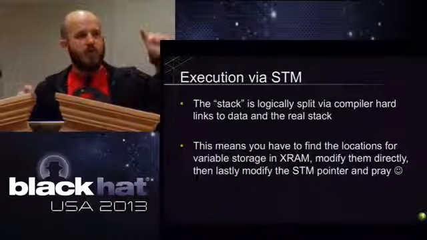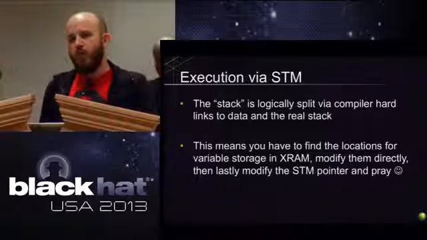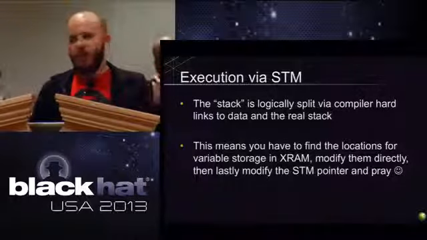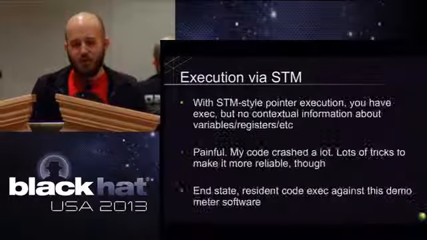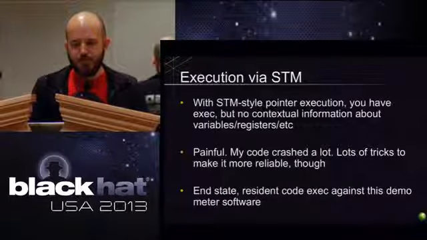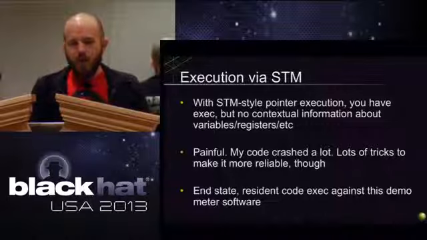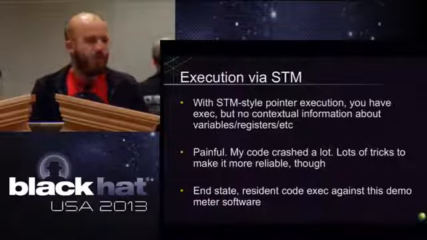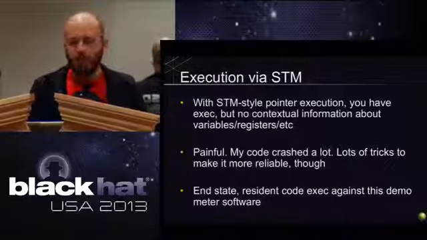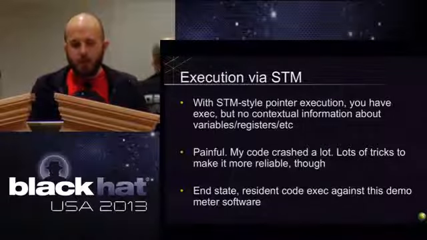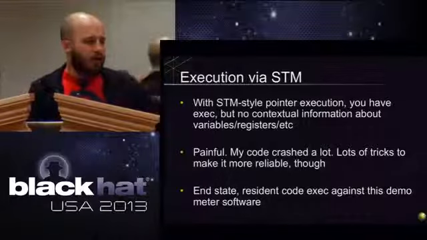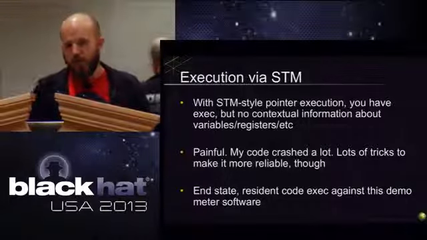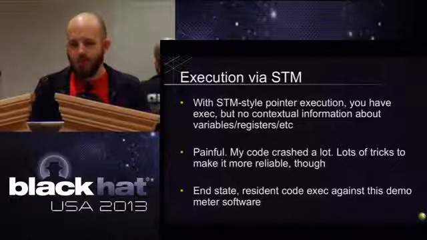Here you're saying let's modify these variables first, and then let's run whatever's there, and hope that whatever's there hasn't changed, because that does happen sometimes in the normal flow of execution. You have no contextual information about any of that other stuff, which is more painful during the process of figuring out how to make this work. But once you finally get there, you've got resident code execution, and it's there forever. It's not going to go away until the thing's been reflashed.